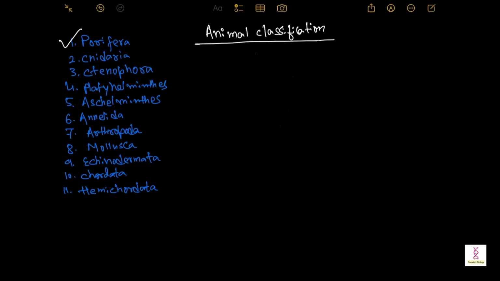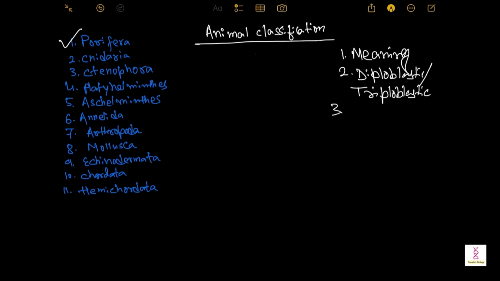At first we have to understand some basic points. What will be the characters of these phylums? You always give the meaning of each phylum. It will be your first point. Second point will be whether it is a diploblastic or triploblastic animal.